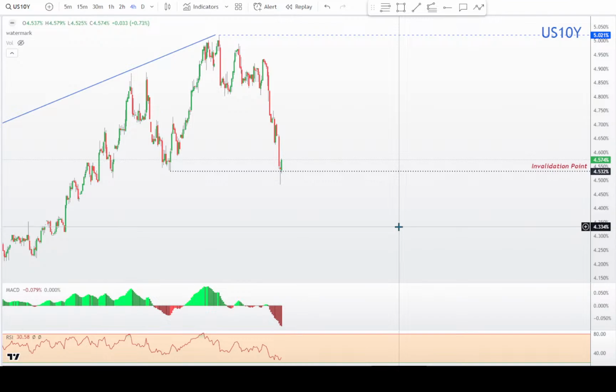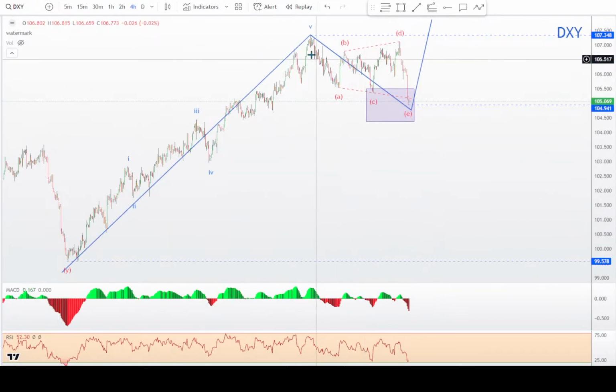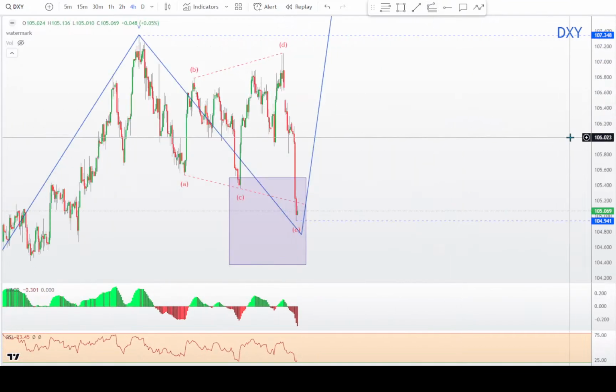Do you like to know about DXY and bonds? It helps me trading the indices. Yeah, I like when I can look at a 2-year, 10-year, or the dollar, and go, okay, I see the dollar is going to be going up. I think it's going to go up to break this 107. If that happens, the dollar's going to be strengthening for at least a week, if not 2 weeks.